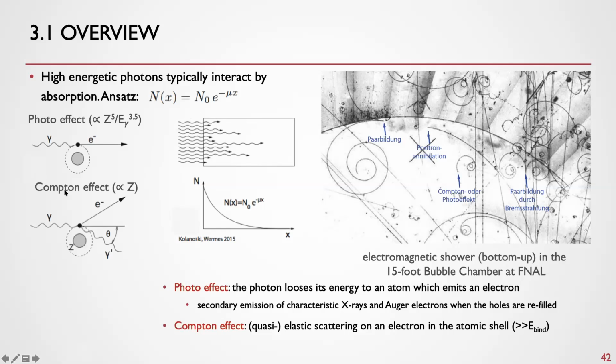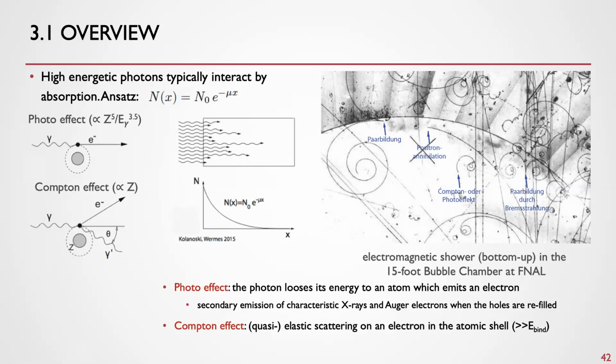At a little bit higher energies, the Compton effect takes over. The Compton effect is the scattering of a photon at an electron in the atomic shell. We imagine this in an s-channel diagram, for example: the electron picks up the photon and emits it again.